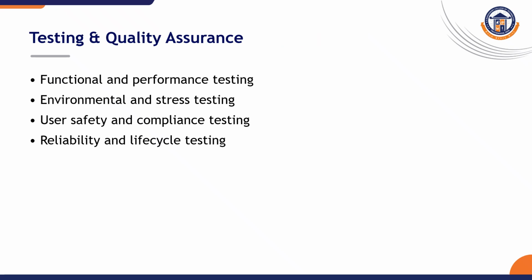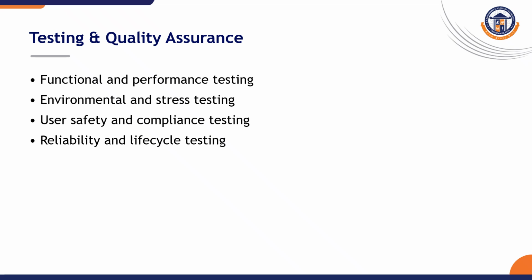Another important one is quality and testing. Once the architecture is designed and the device is manufactured, testing and quality are very important for the verification and performance of the device. The stress and environmental factors, how it deals with the outer environment, and safety and compliance testing are also considered.